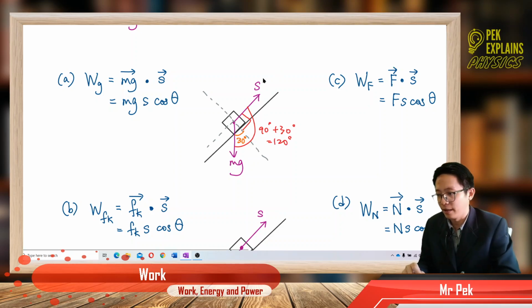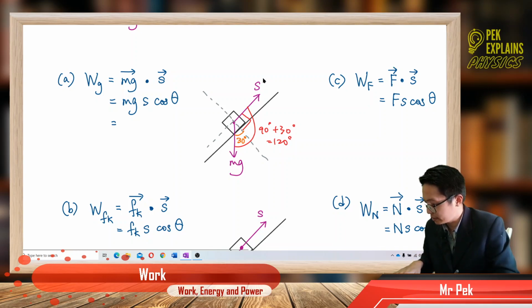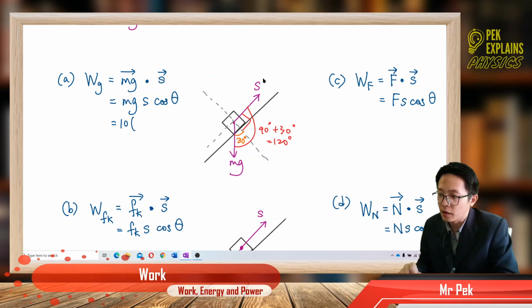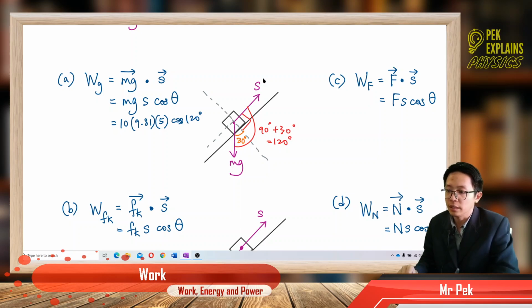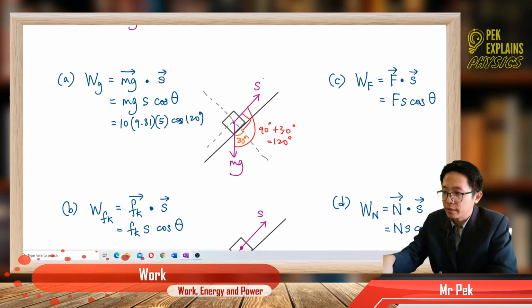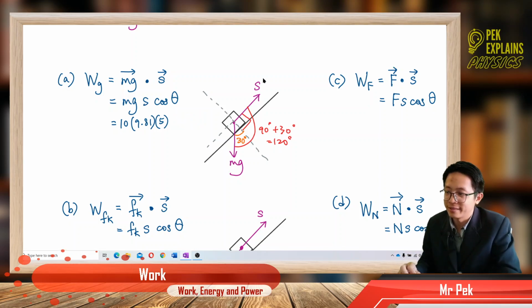Then we can solve the question. Mass is 10 kilogram, g is 9.81, displacement is 5 meter, and then cos 120 degrees. Sorry, yeah. Please rewrite that, it's a bit messy.